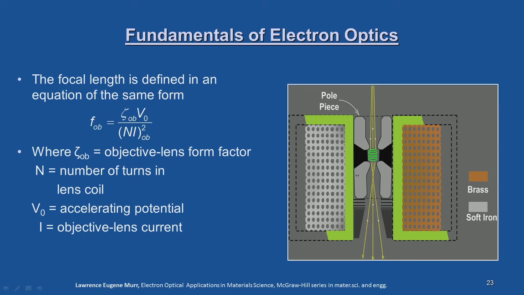You see that the electromagnetic field strength is focused using these two pole pieces like this. These pole pieces are used in all the lenses, whether it is the condenser, the objective, or other lenses.